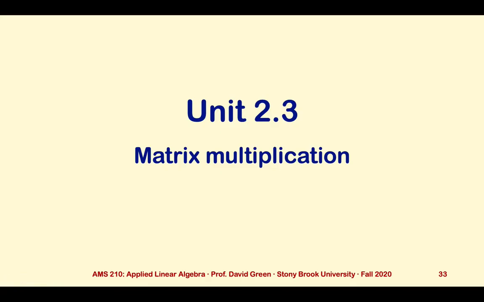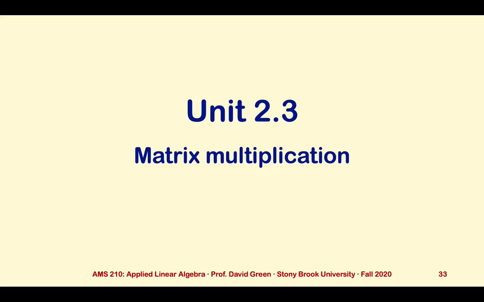Hi. In this section, we're going to dig into matrix multiplication. We've already defined the three fundamental mathematical objects of linear algebra: scalars, vectors, and matrices. We've discussed two operations with them, vector or matrix addition and scalar multiplication.